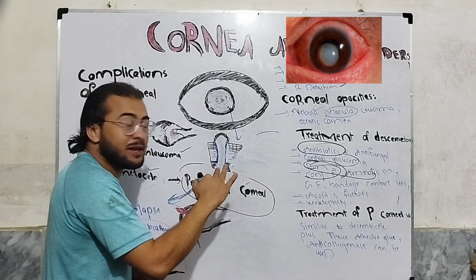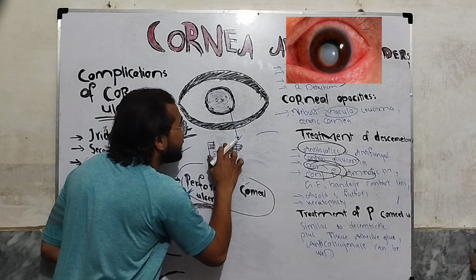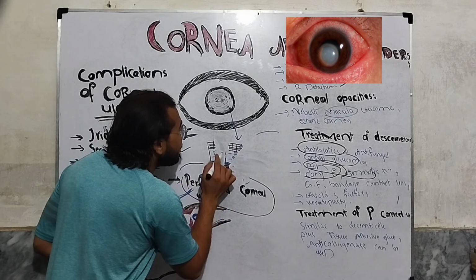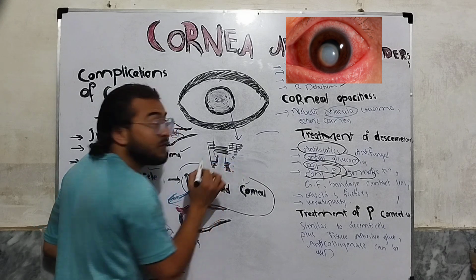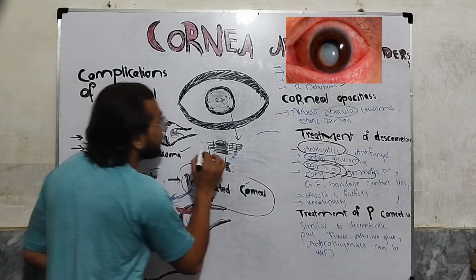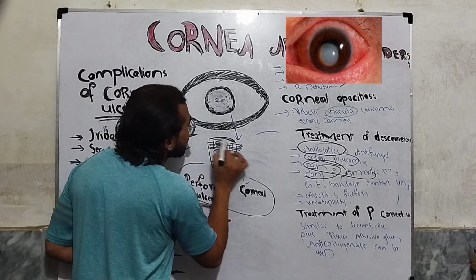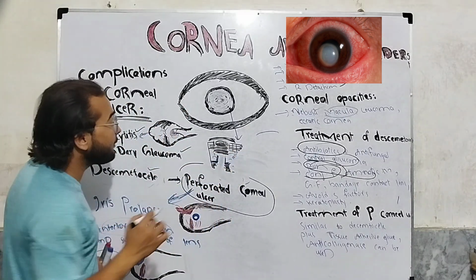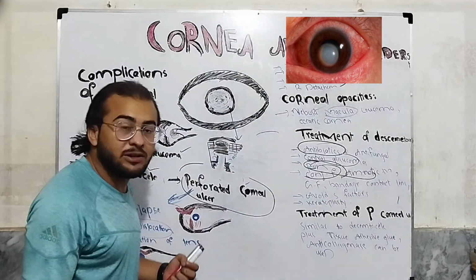Amniotic membrane can also be placed in two places. We can place the amniotic membrane right over here in the defective area to cover it, and also some of the amniotic membrane can be placed on the surface like a conjunctival flap. So amniotic membrane transplantation can be done.